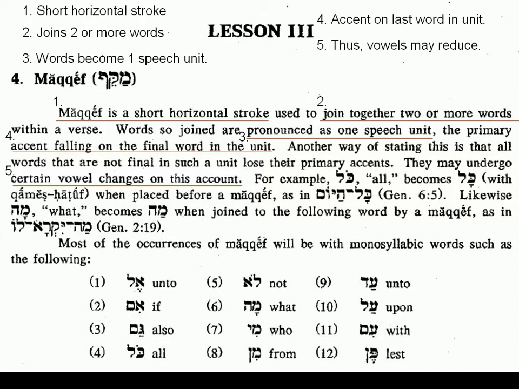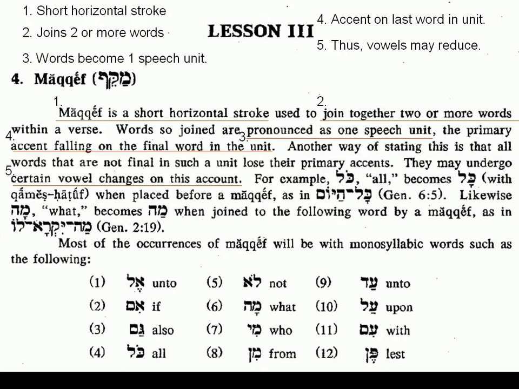So this usually happens with monosyllabic words, single syllable words, and he's given us a whole collection of them here at the bottom of this paragraph. So often when you see these words, not all the time, but often, they will not be in their dictionary form, but in their Maqqef form, the form that results when you connect them to the next word with a Maqqef.